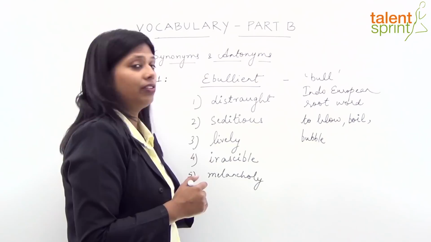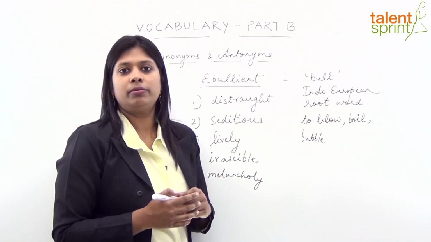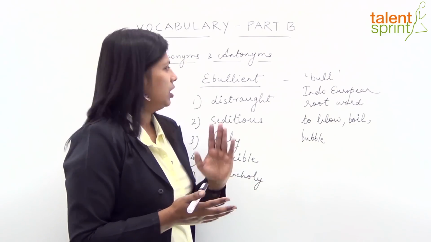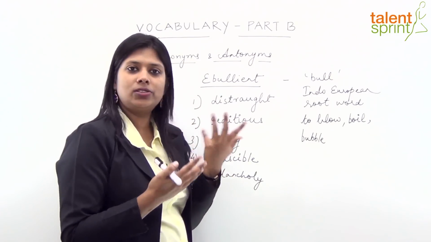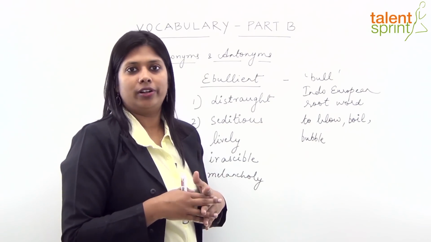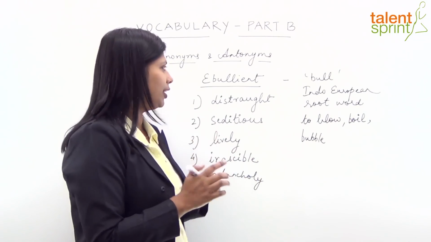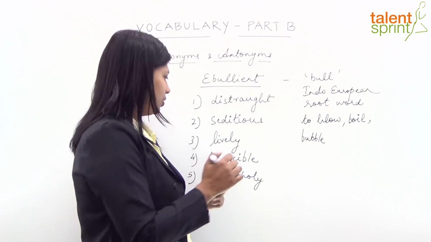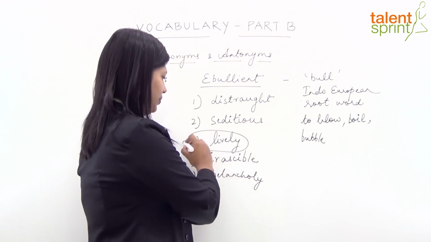So that state is irascible. And melancholy actually means when you're gloomy, sad. So ebullient actually means a state of bubbling with life or very joyful. So the word that is closest in meaning to the word ebullient here is lively.